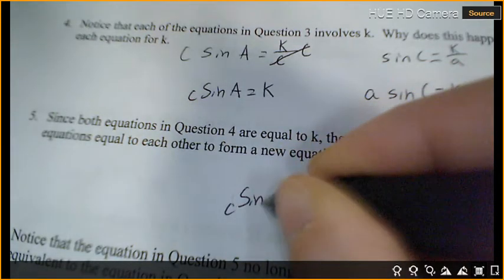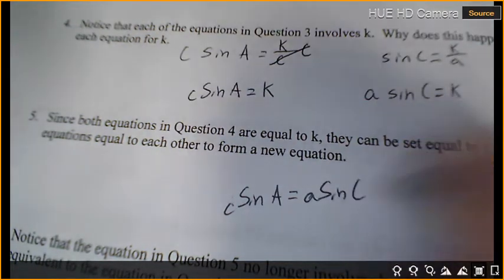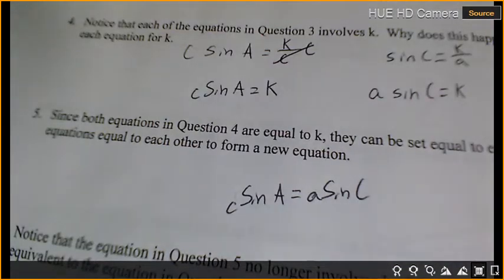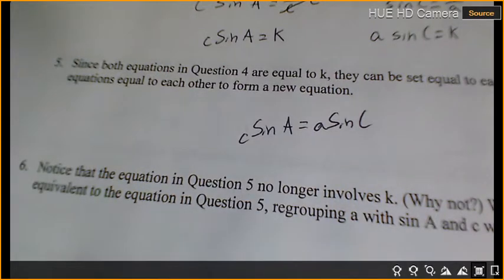C sine A equals A sine C. Questions, comments, concerns? Okay. Notice that the equation in 5 no longer involves K. Why not? Because they were both equal to K, right? And we didn't need to have the K in there. Write an equation equivalent to it, regrouping A and C.